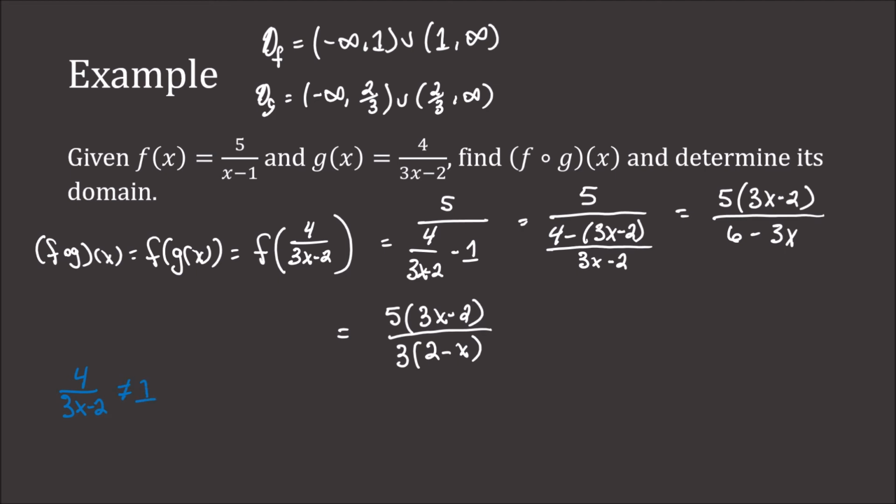Just to alleviate confusion, let me just do equals 1. So this would mean that 4 is equal to 3x minus 2, which would mean that 6 is equal to 3x, which gives you x is 2. So from the domain of g, we have to take out 2.